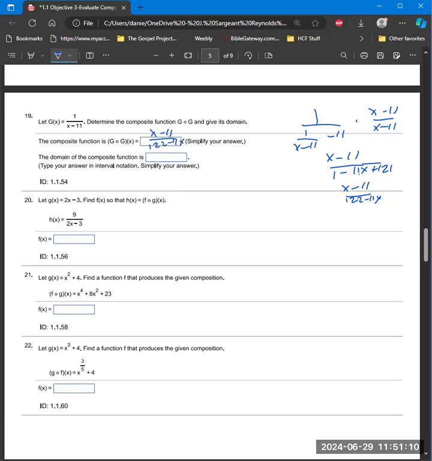The domain here is going to be that x can't be equal to 11 for the original function, and x can't be equal to 122 over 11, which is slightly bigger than 11. So we have negative infinity to 11, union 11 to 122 over 11, union 122 over 11 to infinity.